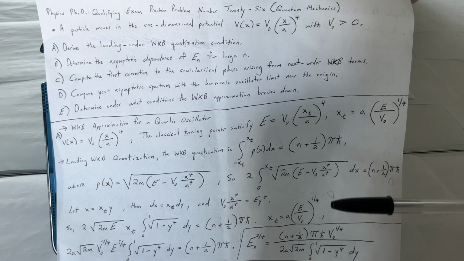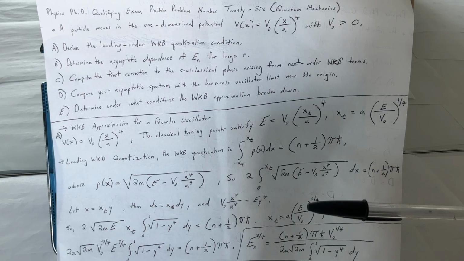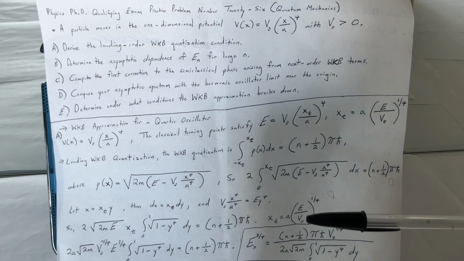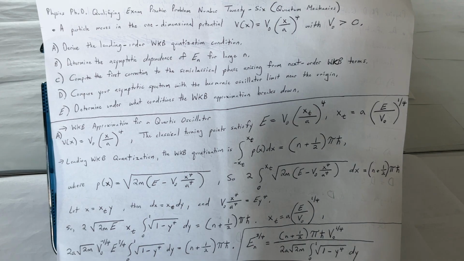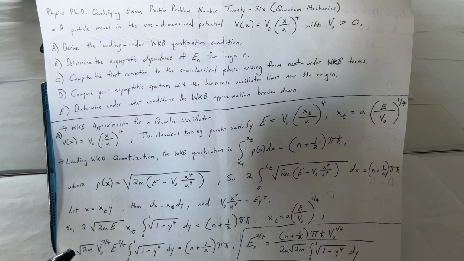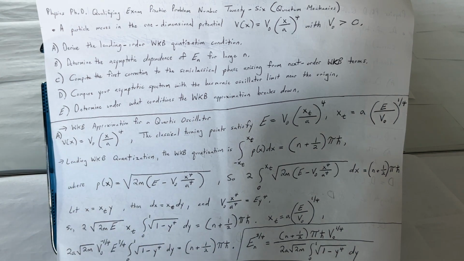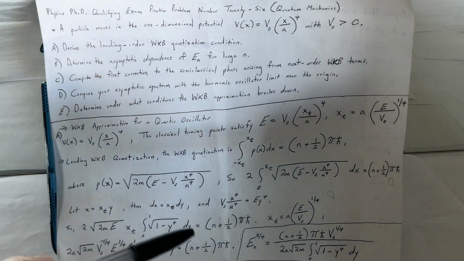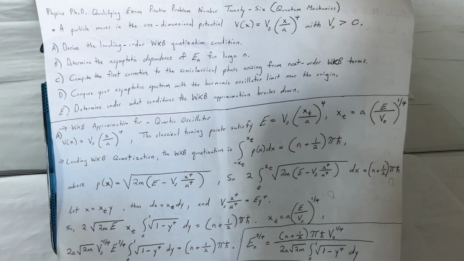And x sub t equals a times, again, E over V naught to the 1/4. So we could say here 2a times the square root of 2m, V naught to the negative 1/4, E to the 3/4. And then we have this integral from 0 to 1 of the square root of 1 minus y to the fourth dy. When evaluated, that comes out to n plus 1/2 pi h bar.